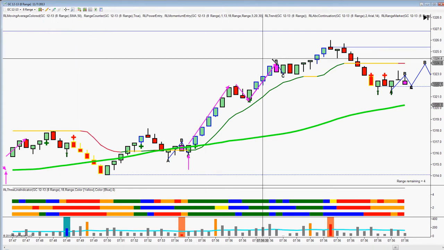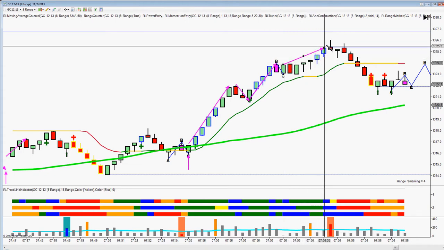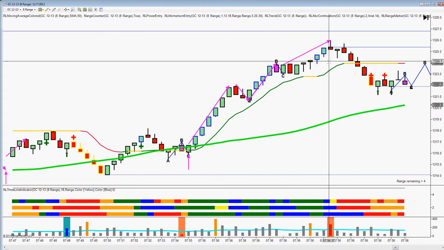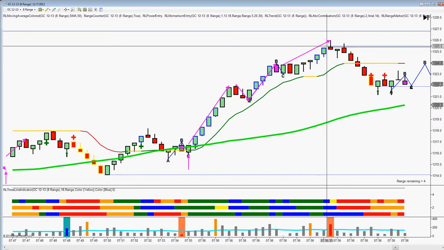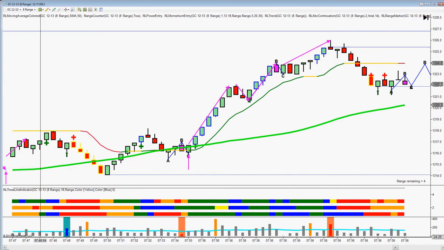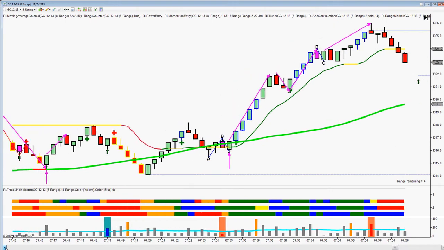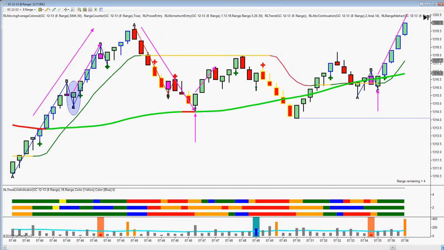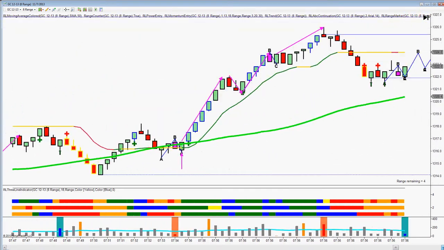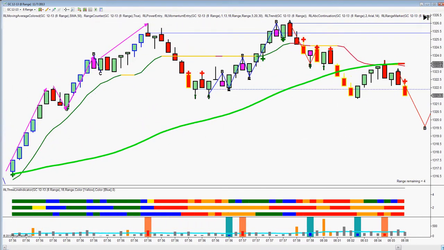Would have given you a lot of sweat, but that's a valid trade setup and another winner. I believe that's 4 winners now in a row without a bad signal. 1, 2, 3, 4.